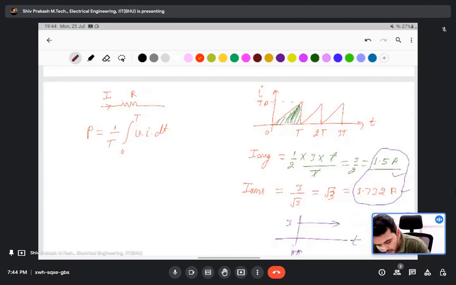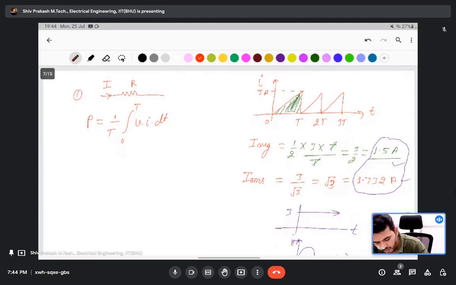But when only a constant resistance has current passing through it, the voltage across it is equal to i into R. Replacing the voltage, you get 1 by T integral from 0 to T of i square into R dt.